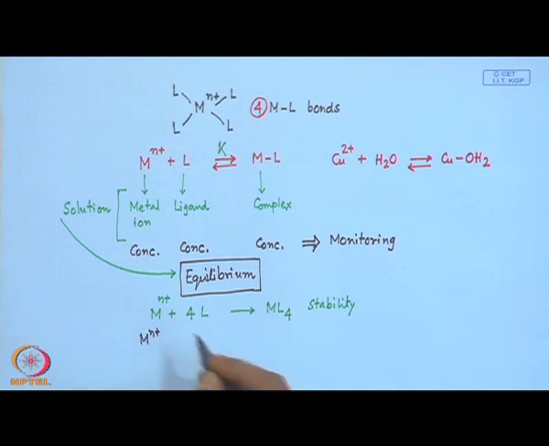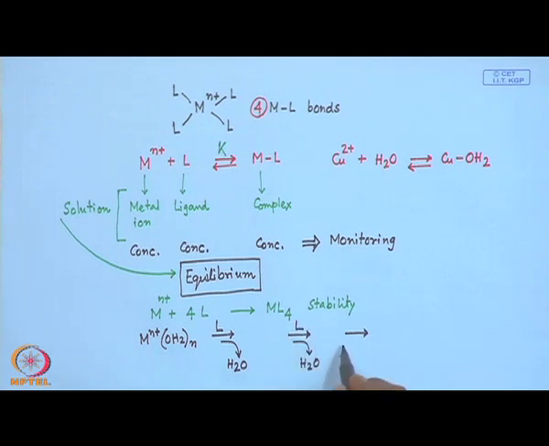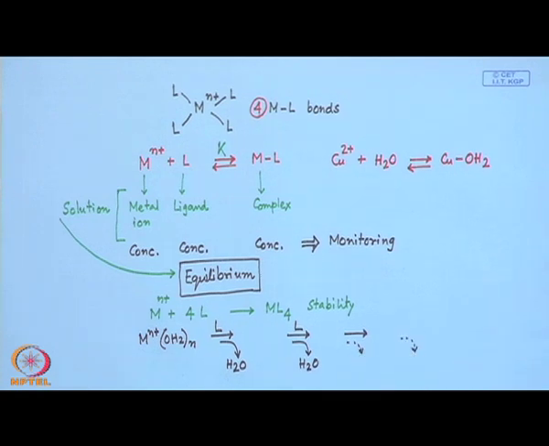because Mn plus was there and we can have a large number of bound water molecules. So, at different intermediate stages, we remove one water molecule as we react it with 1L, remove the second water molecule as we push the second ligand, similarly the third and the fourth.